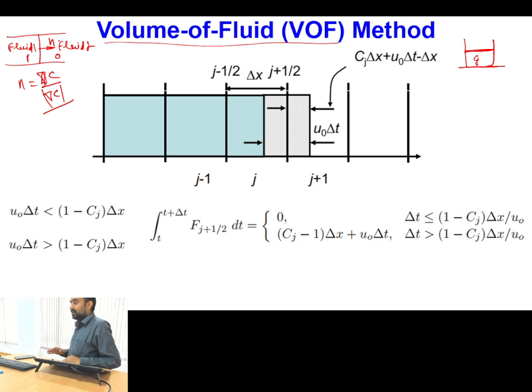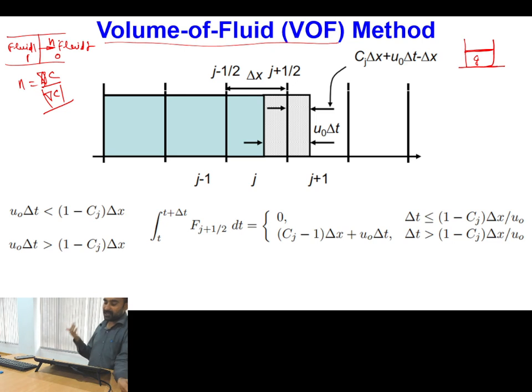So basically, in the volume of fluid method, in the first step, from the initial given color function field, the normal direction to the interface is estimated. Is this one clear?